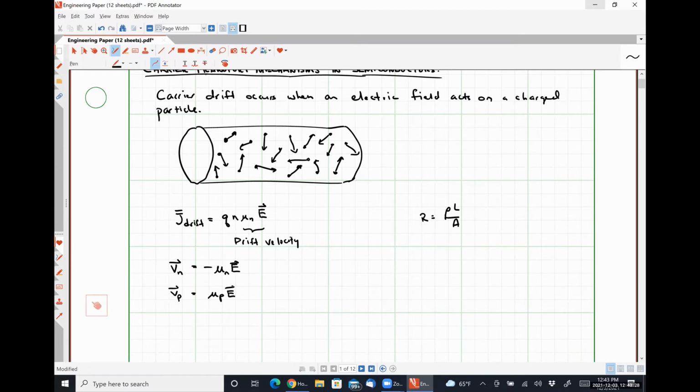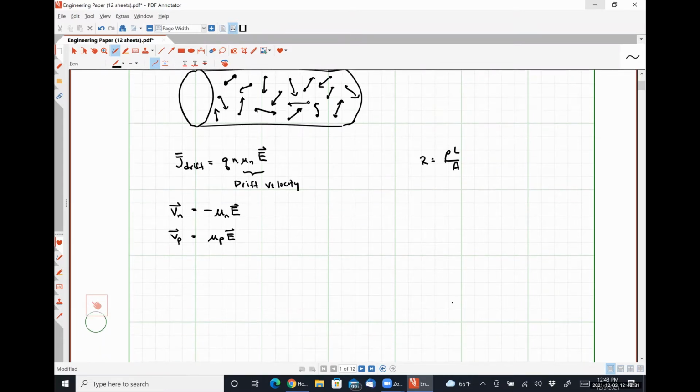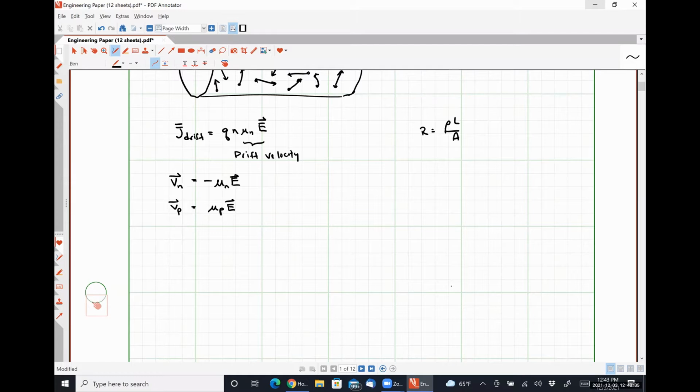So from this, the total drift current in a semiconductor under an electric field is simply J drift total is the electron drift plus the hole drift, or negative, I'm going to put Qn here.